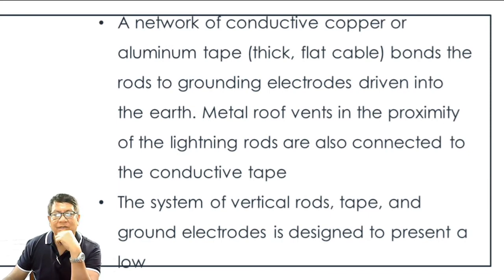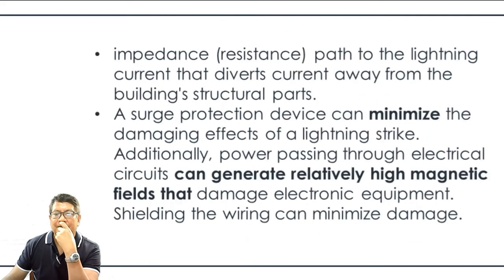That is what we use as lightning rods, positioned vertically to connect to the ground. So instead of the lightning striking our building, it strikes the vertical lightning rods. We also have surge protection devices to minimize impedance.